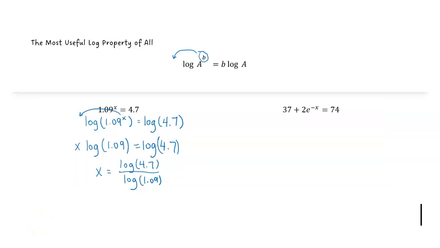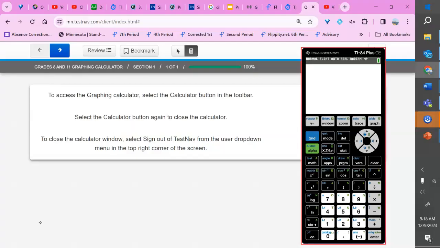So I pull up my calculator and I do log of 4.7, close my parentheses, divided by log of 1.09. Close my parentheses, I hit enter, and I get 17.957.